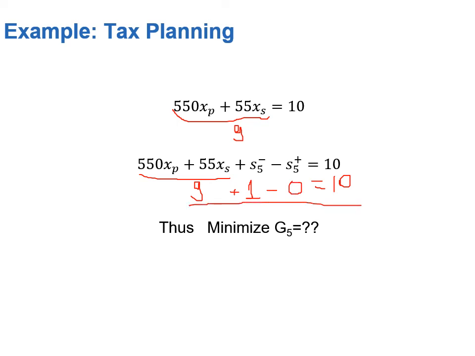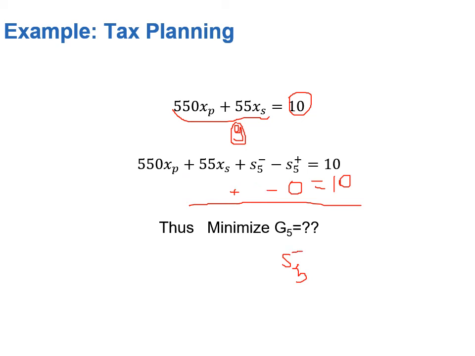But what happened? If you look, this 9 is not equal to 10. Our goal, our target here is to have exactly equal to 10, but we couldn't achieve it. It means that we want to minimize this deviation. So we want to minimize this negative deviation. Okay, we want to minimize it.